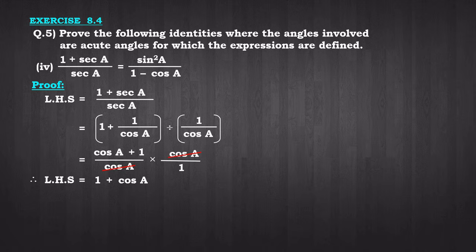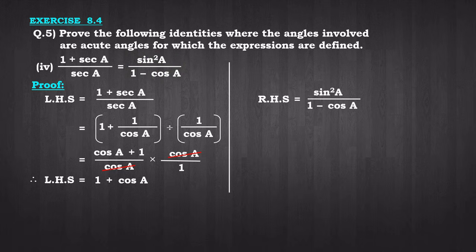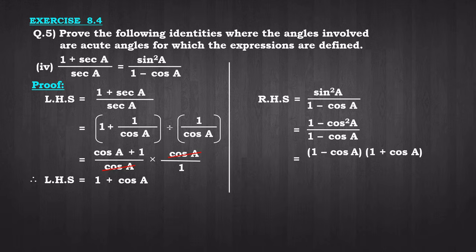Now let us solve the right-hand side. We know that 1 minus cosine squared A is equal to sine squared A. Substitute this for sine squared A. The expression becomes (1 minus cosine squared A) divided by (1 minus cosine A). Now factor the numerator. 1 minus cosine squared A is equal to (1 minus cosine A) multiplied by (1 plus cosine A).